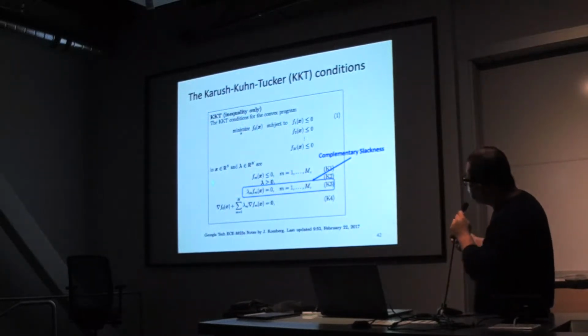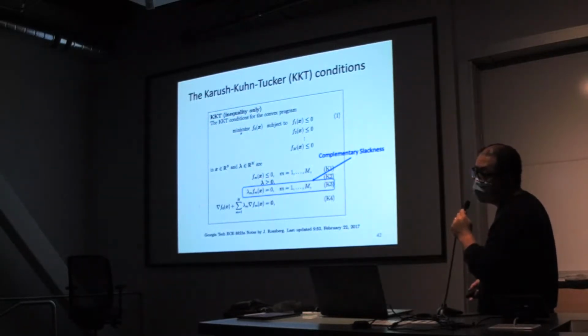So if you have a pair of x, which is the input variables in the objective function, and also a set of Lagrange multipliers, which correspond to those m constraints, right? If they satisfy these KKT conditions, what conclusion can we draw?